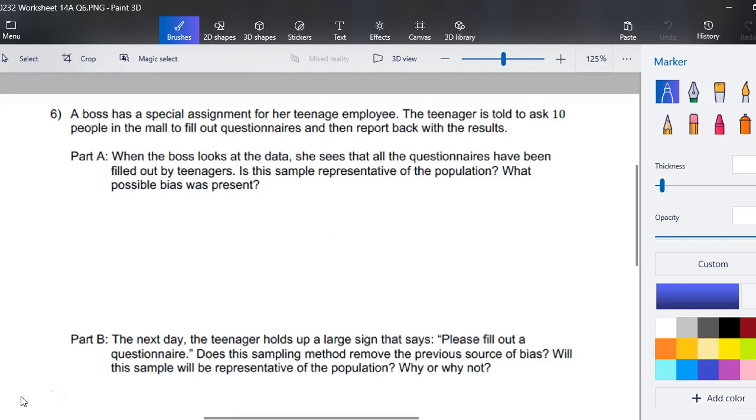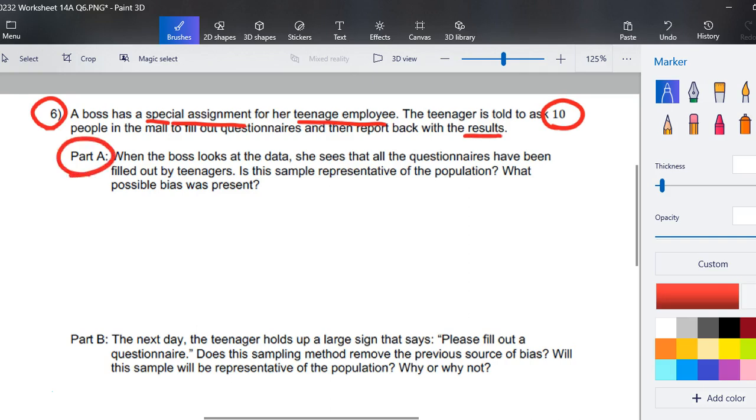So finally, question 6, and if you haven't hit pause to do the questions before me, make sure that you are hitting pause and doing the questions and then joining me back on the video. Question 6 is, a boss has a special assignment for her teenage employee. The teenager is told to ask 10 people in the mall to fill out questionnaires and then report back with the results.